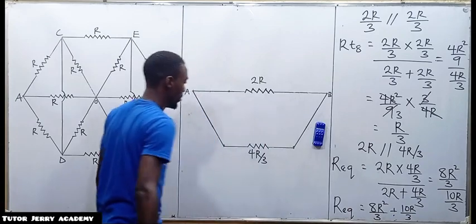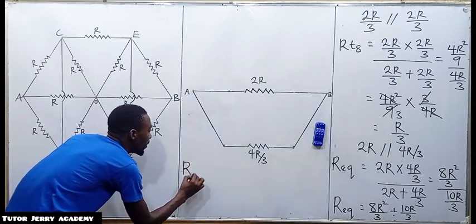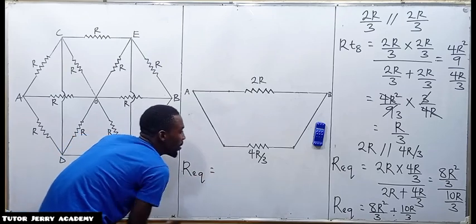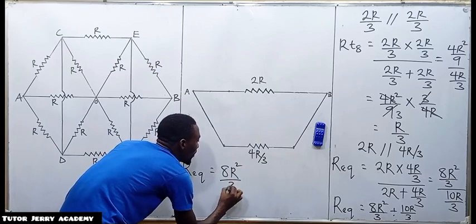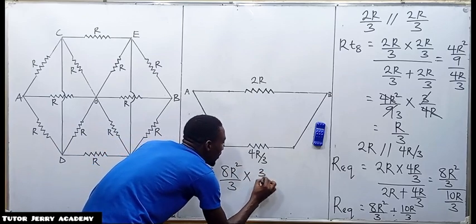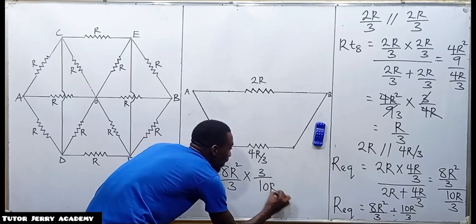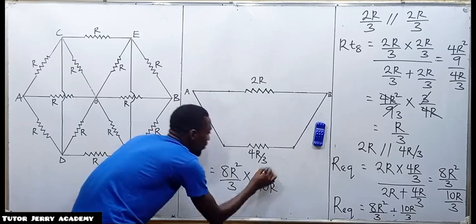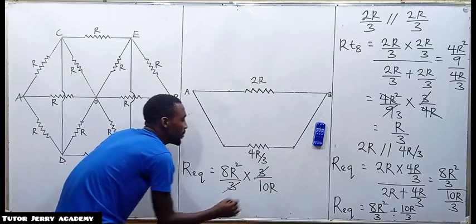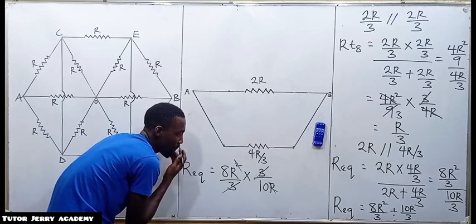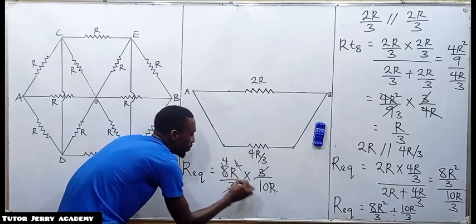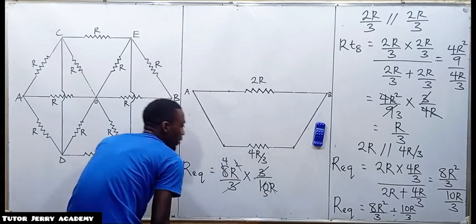All right. So our equivalent resistance will be equal to 8r squared all over 3 multiplied by 3 all over 10r, right? So 3 will go with 3, r will go with 1r, and here 2 here 4, 2 here 5, right?